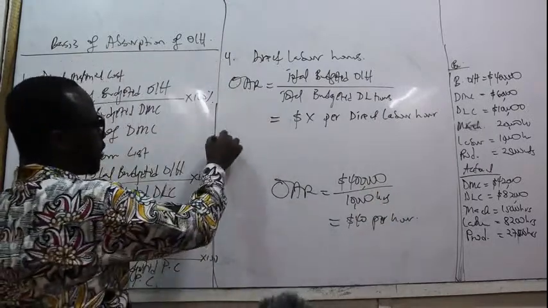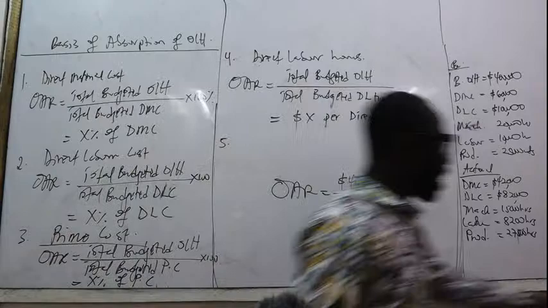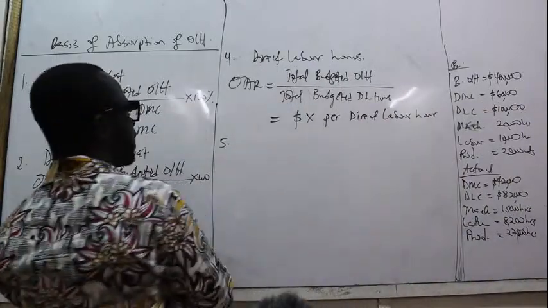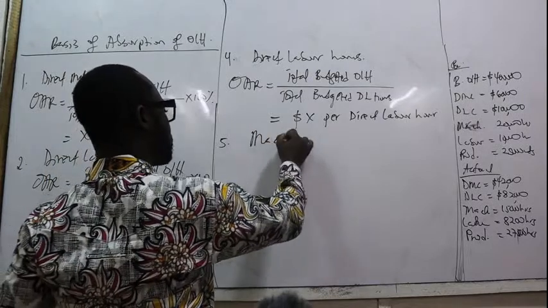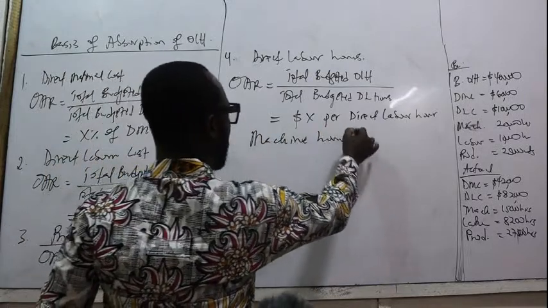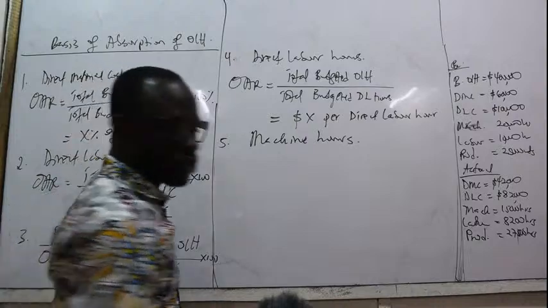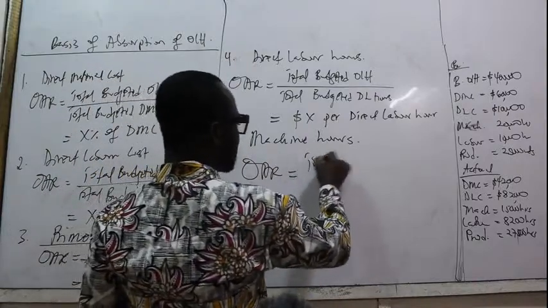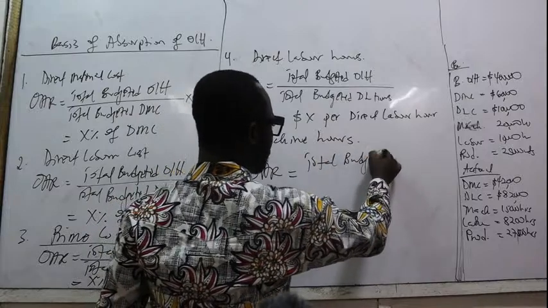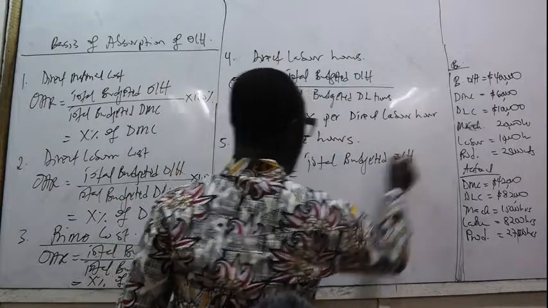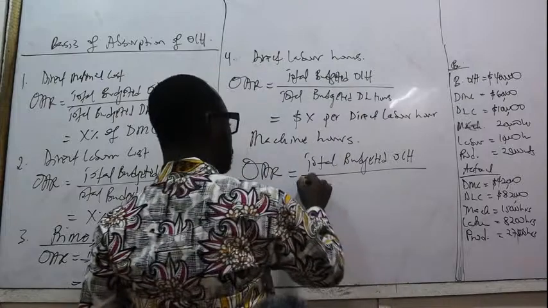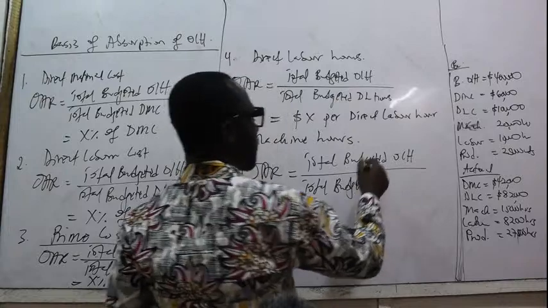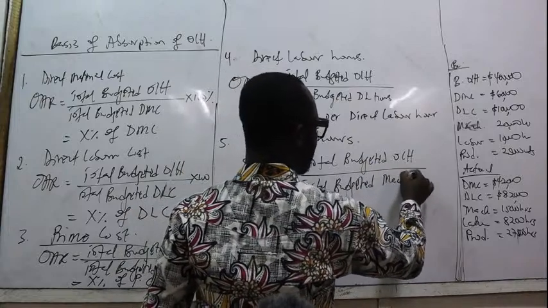Let's look at number 5. Number 5 is going to be using machine hours. And it's the same thing. So your overhead absorption rate is equal to, numerator remains the same, total budgeted overheads, divided by total budgeted machine hours.